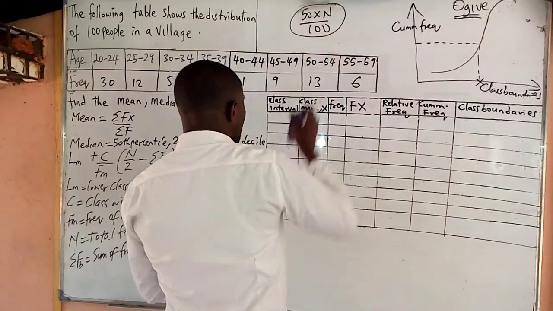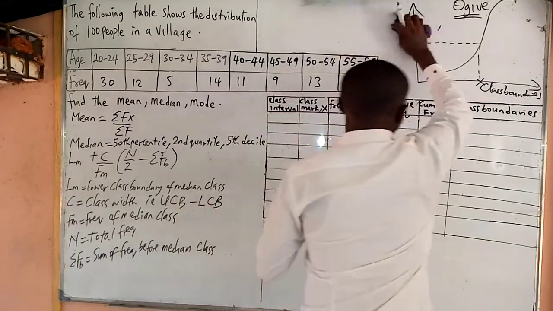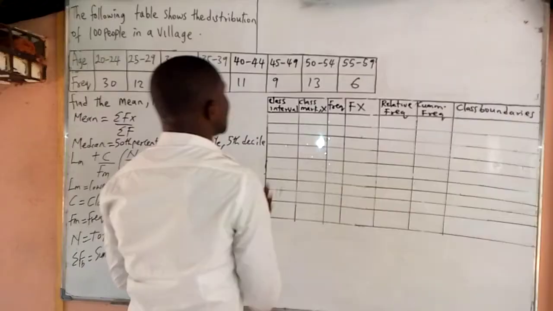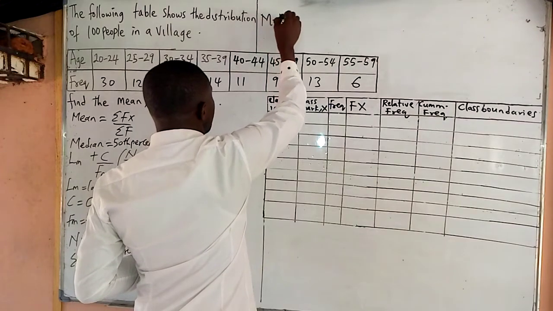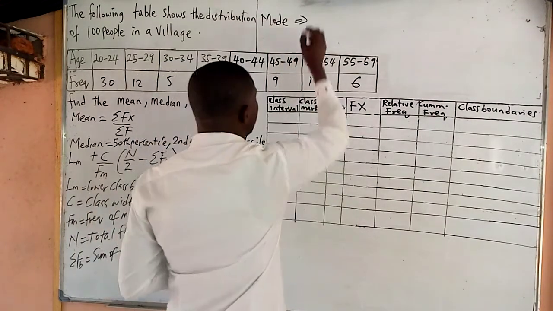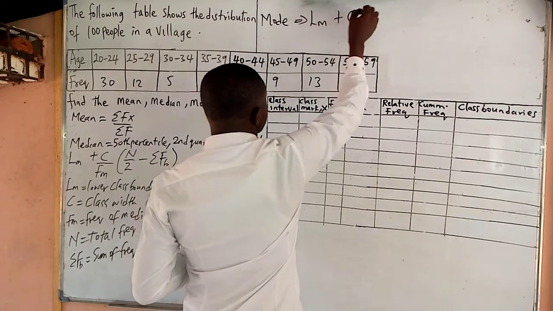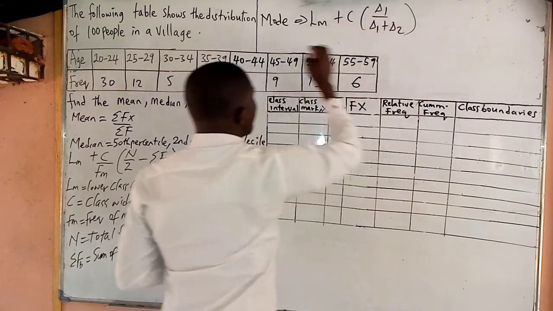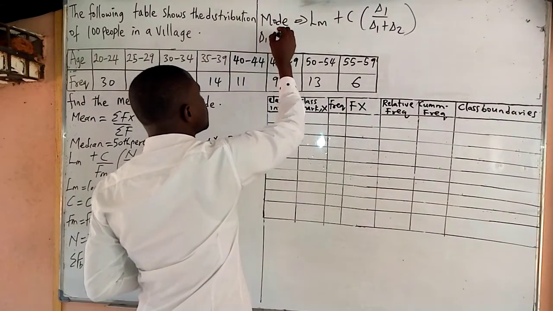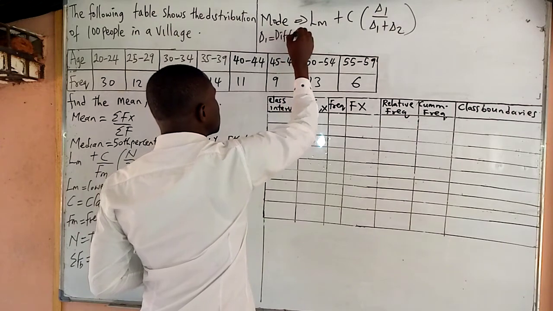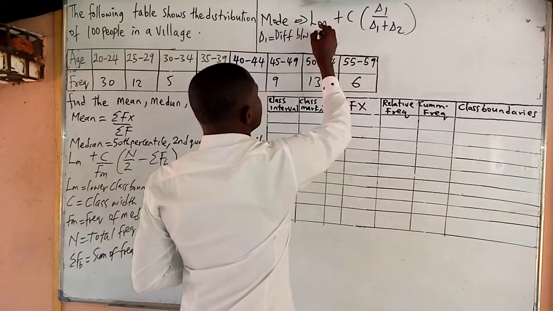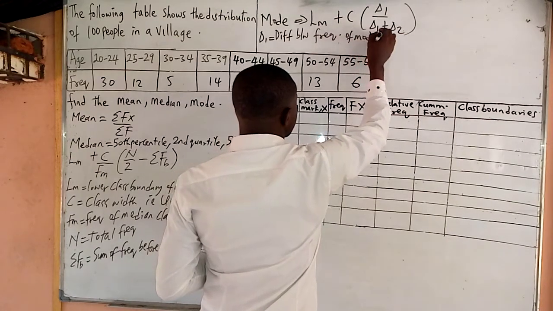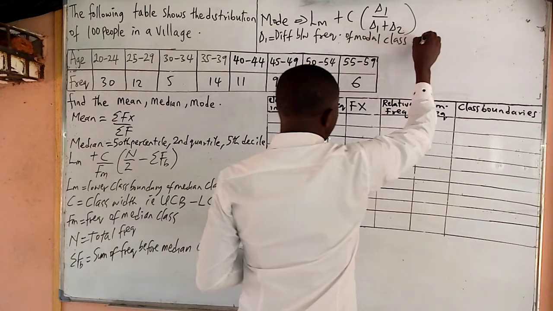Now, what is the formula for mode? Mode is the highest frequency occurrence. Mode can be gotten by formula, where change in 1 equals the difference between the frequency of the modal class and the frequency before it.